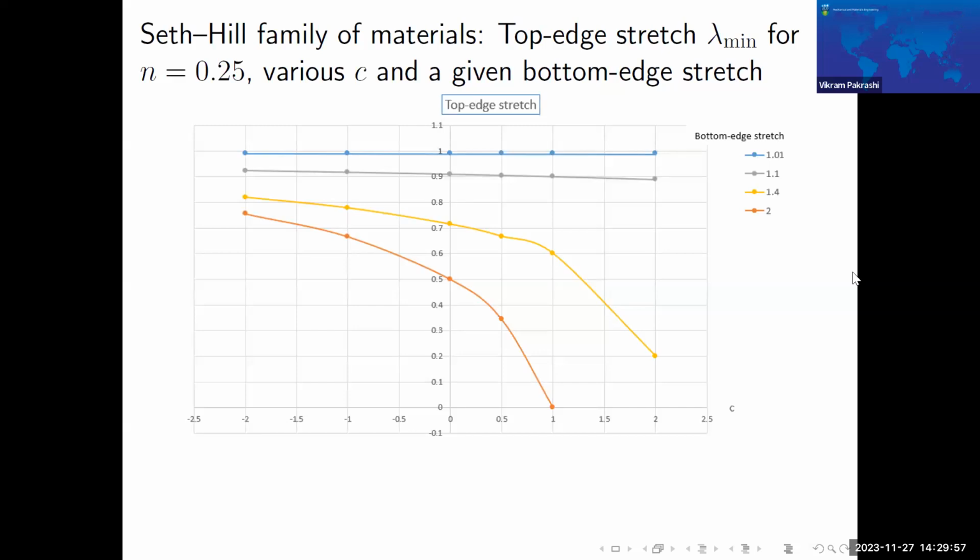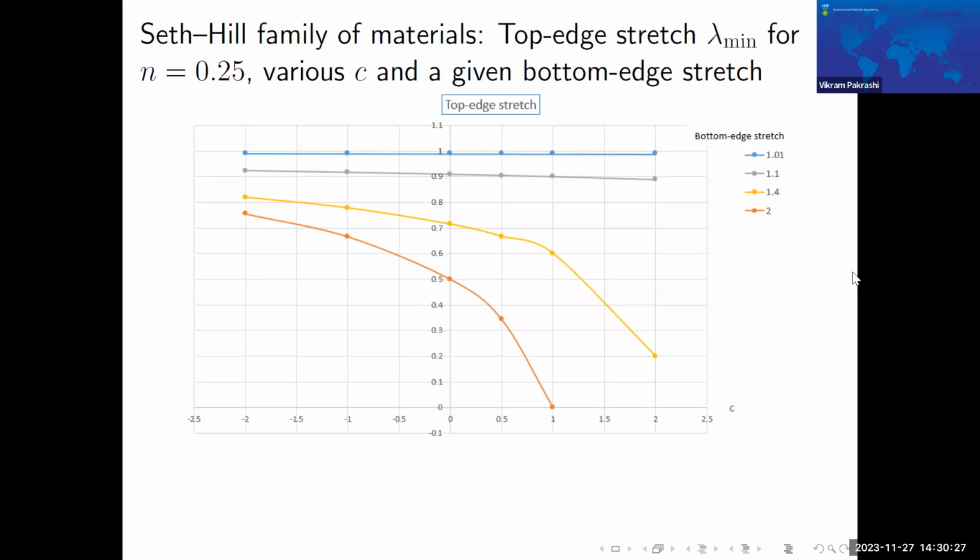like Biot or Saint-Venant-Kirchhoff, we can't do that indefinitely. If we stretch our bottom fiber too much, we will squash our top fiber into zero. Only up to a certain amount of stretching can we obtain the results for this range. And remember, C can run from minus infinity to plus infinity.